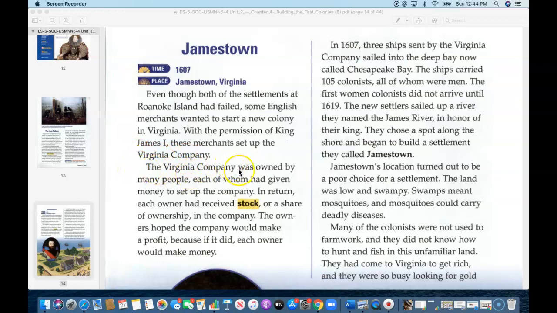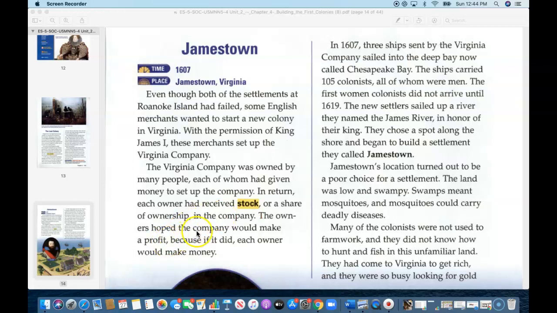The Virginia Company was owned by many people, each of whom had been given money to set up the company. In return, each owner had received stock, or a share of ownership in the company. Kind of like our stock market now, where people buy stock and own a small part of a company.